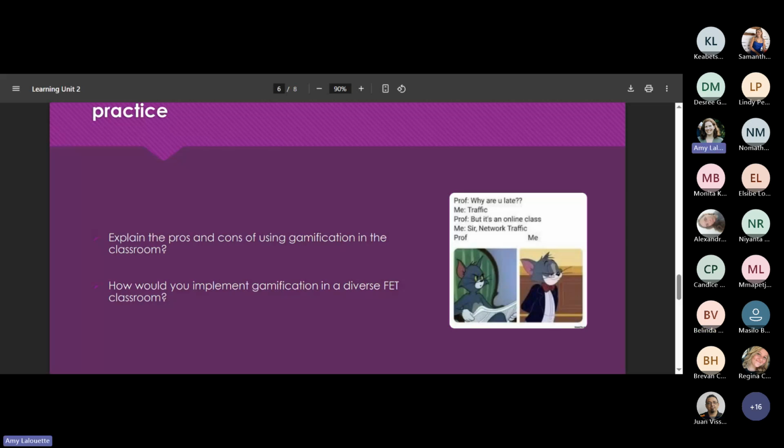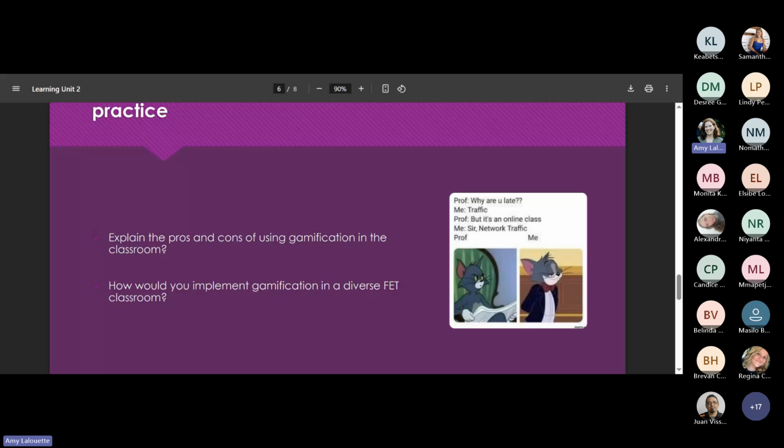It is very easy for the learners to get distracted by the game itself and not the focus on the actual content. Yes, exactly, Candice. Sometimes it's just a gimmick. It's not addressing the objectives.